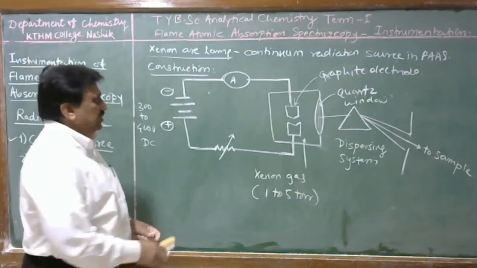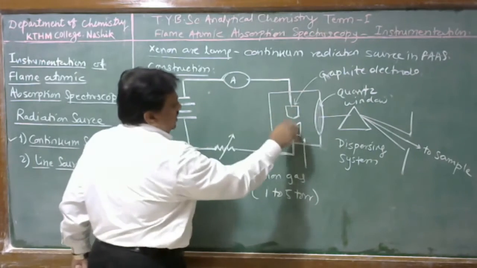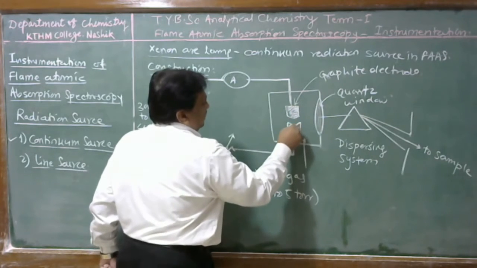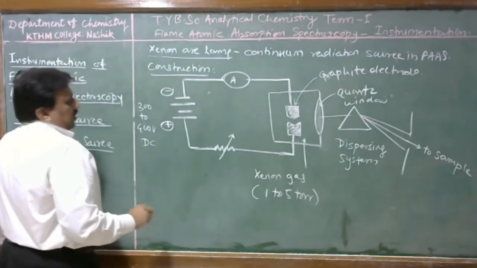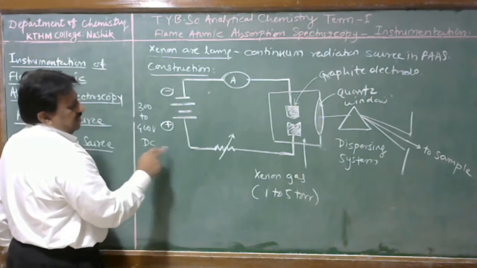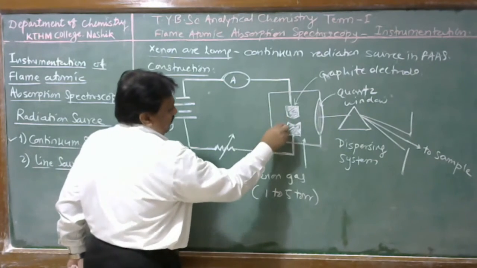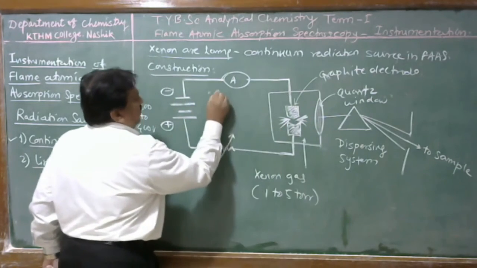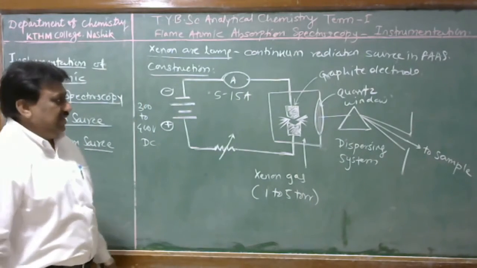How does it work? When a 300 to 400 volt DC potential is applied across these two graphite electrodes, which are separated by a distance of 1 centimeter from each other, these two electrodes are momentarily brought in contact with each other, so that a spark is generated, and during this a 5 to 15 ampere current flows through the circuit.